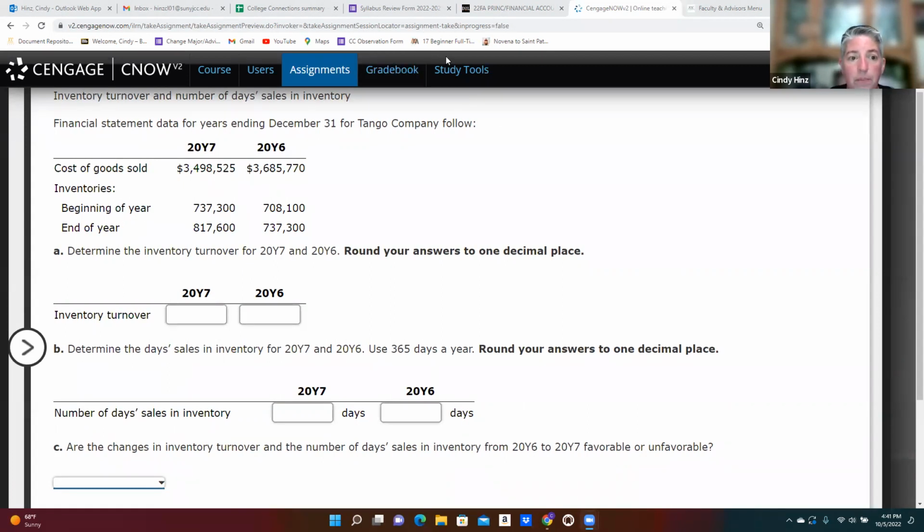So for 2017, we'll call that, we take our cost of goods sold, 3,498,525, and we're going to divide by the average inventory.